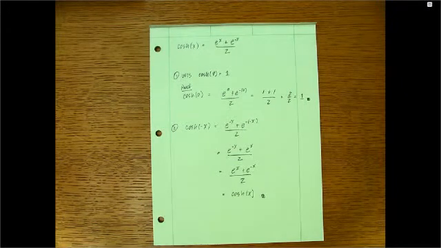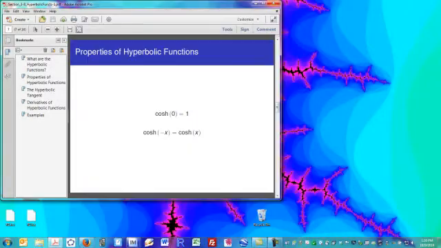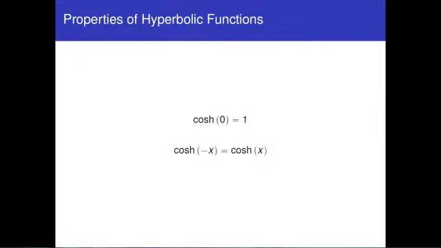Okay, well, let's see what else we can prove here. It turns out that there's an analogy. You can see why these were actually named using the terms cosine and sine, because of all of the analogies with trigonometry.